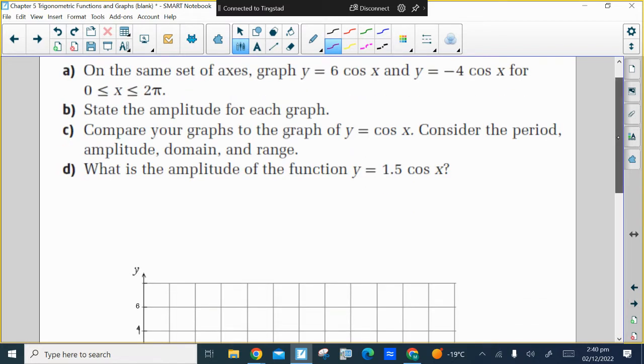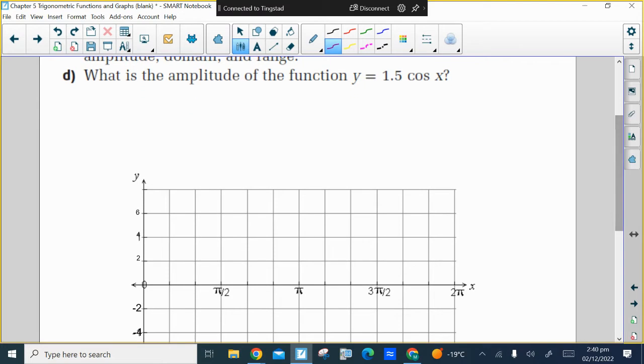So now we'll do the same for the graph of cosine. We want to do 6 cosine x and -4 cosine x, but we have to start with the base graph, which is the graph of cosine x. Cosine x, remember, starts at the maximum, which is at +1. So when we look at the scale on the y-axis here, that +1 is going to be really close to the x-axis.